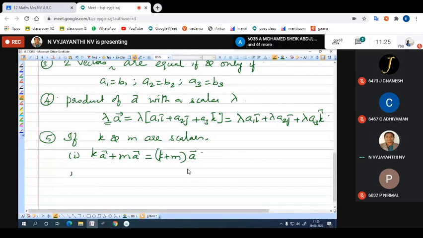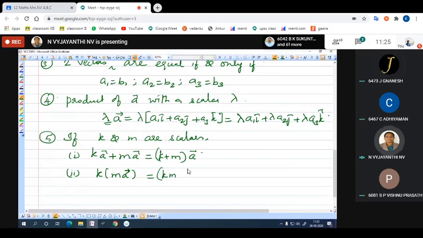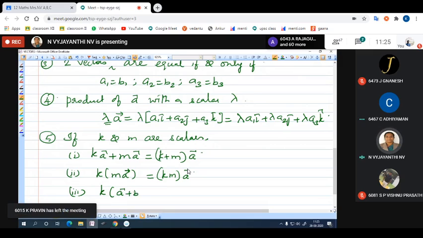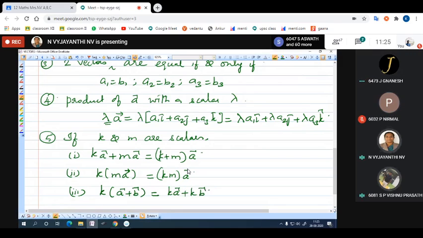Second case, if you have k into m into a vector, then how to write? (km) into a vector. Third case, if you have k into the two vectors a and b, how to rewrite this? k into a vector plus k into b vector.